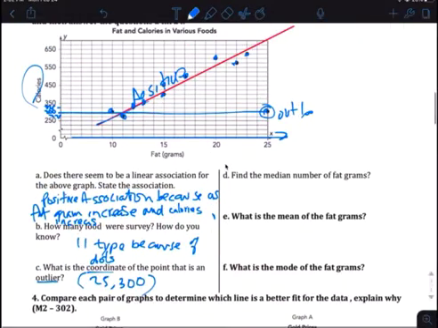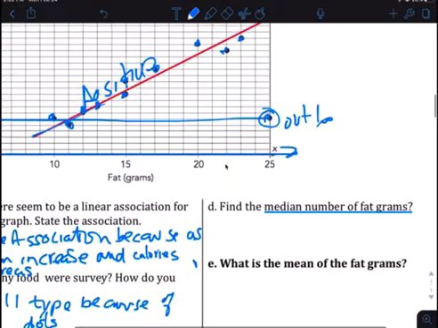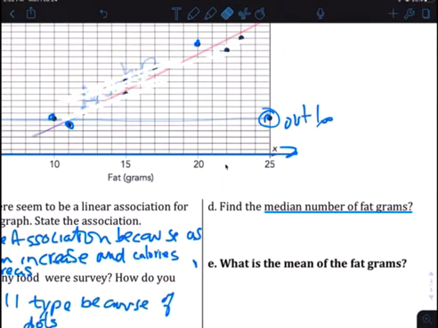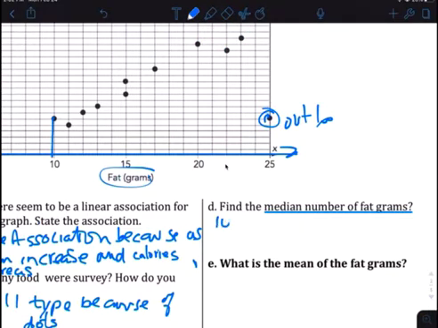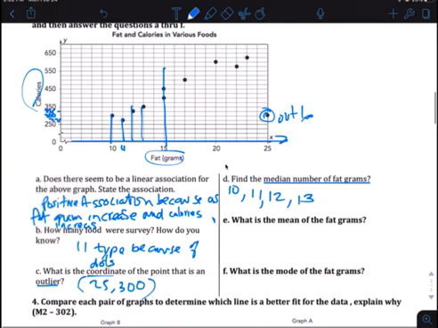Find the median of the fat grams. So let's start. Median of the fat grams. Okay, we're looking at here. The median is the middle number. 10, 11, 12, 13, 14, 15. There's nothing in 14. So there are 2 in 15. That's one of the modes.